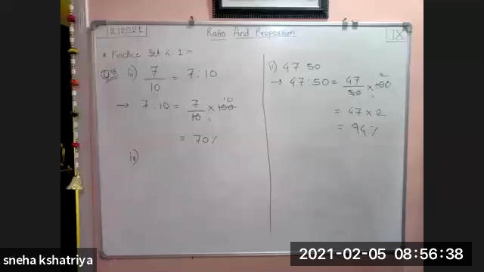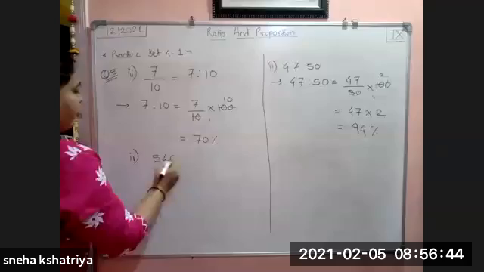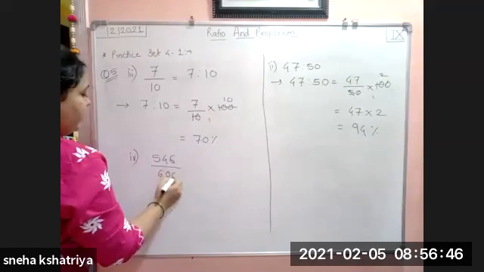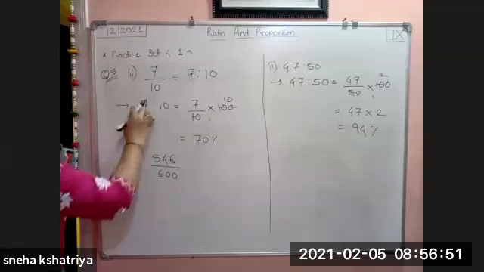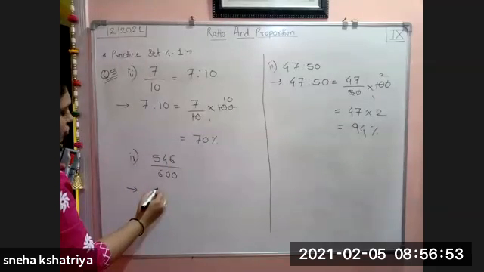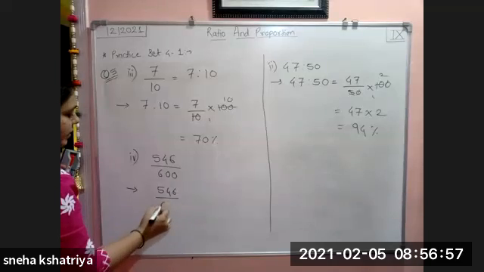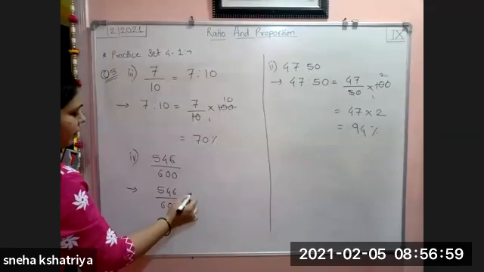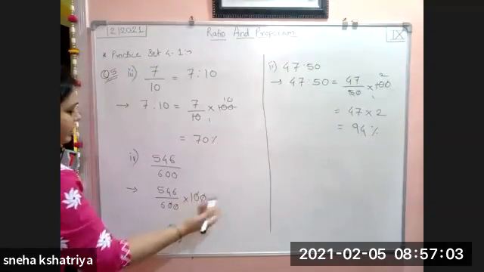Fourth one. 546 divided by 600. Either you can write like this or you can directly solve. 546 divided by 600 multiplied by 100. Again here the zeros get cancelled.